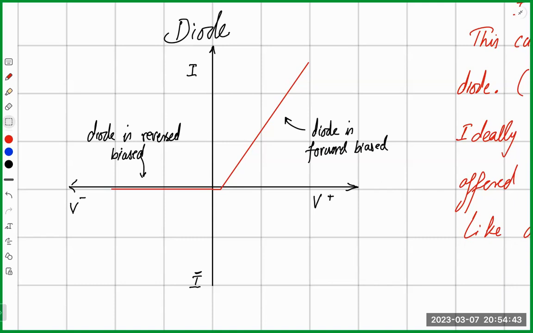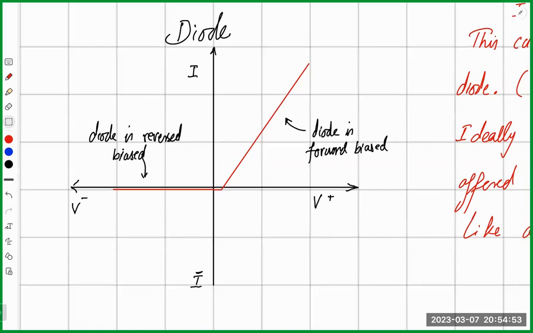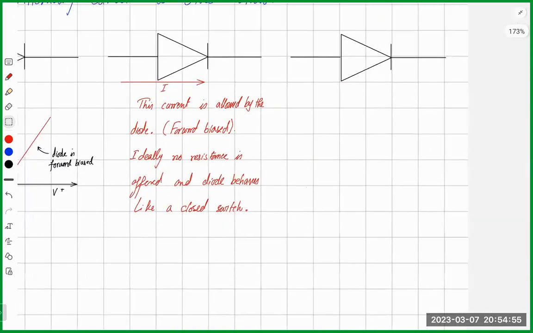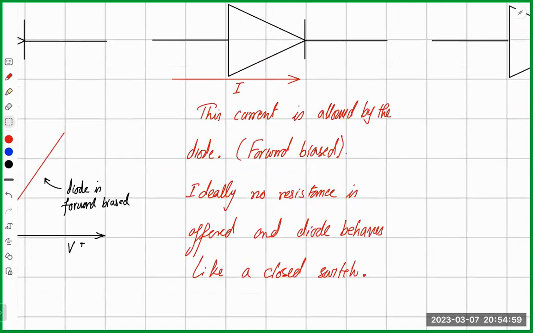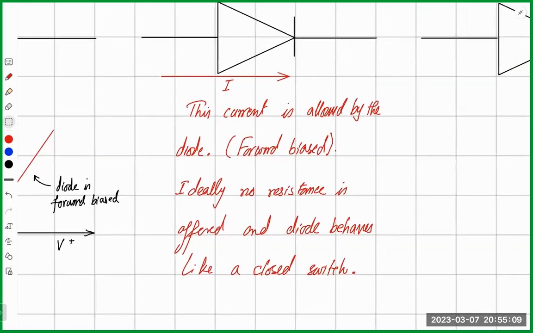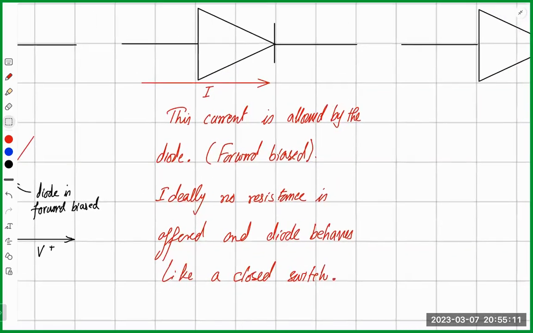So the reciprocal of this gradient will be equal to resistance. That means resistance is not zero. Could you just show me the text that you've written, and that way I could post it? Okay, thank you. Yes, I got it. Ideally, no extra resistance is offered.